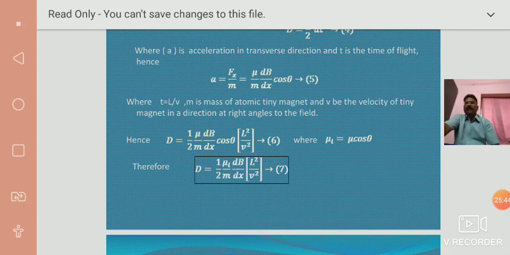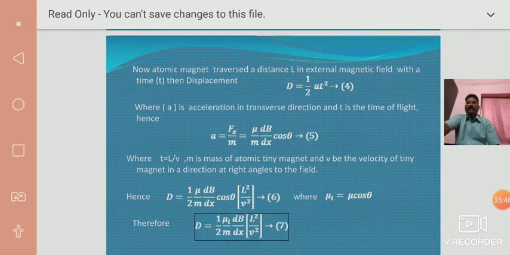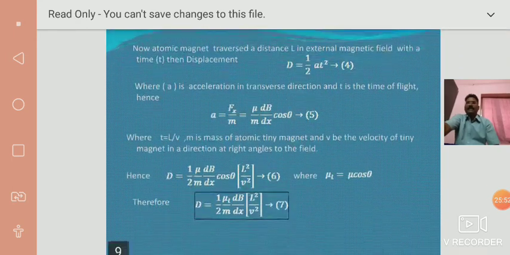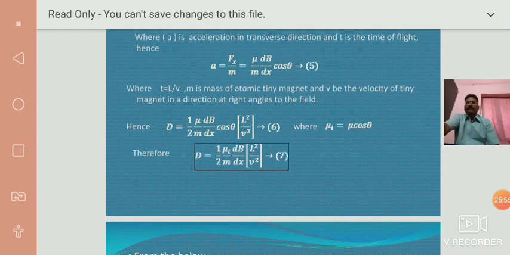Now small a is equal to Fx by small m. We know the final equation: Fx is mu dB by dx cos theta. Now we can substitute the value of Fx, mu dB by dx cos theta, divided by small m.